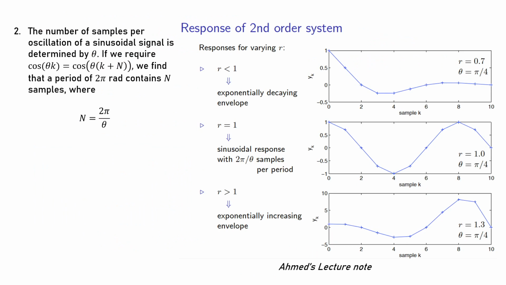Okay, let's take a look at this. A response of a second order system. Let's say we try to find the number of samples that complete one cycle.